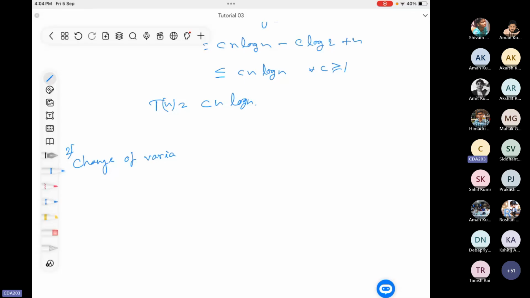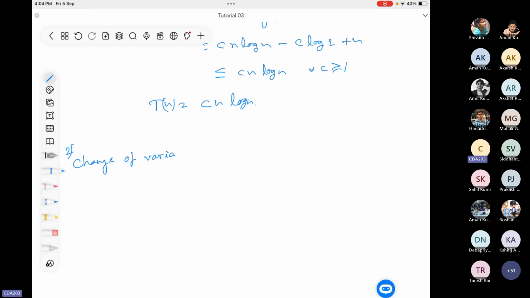Root n T(root n) plus log n, and also remember that log is base 2 here. Every log is of base 2. Now we consider m equal to log n.